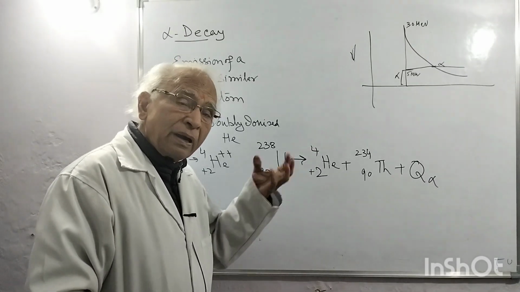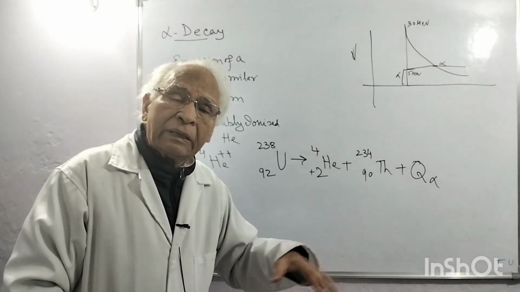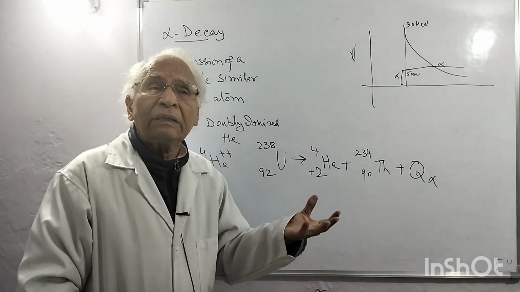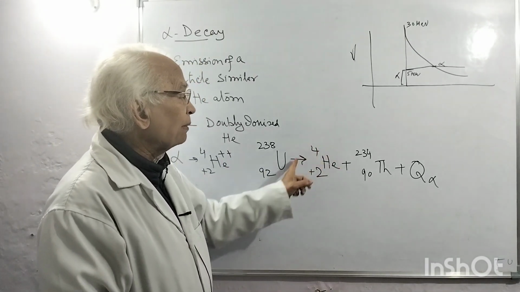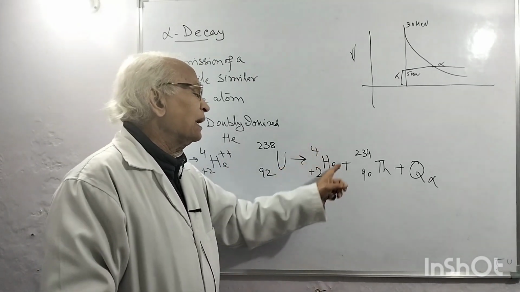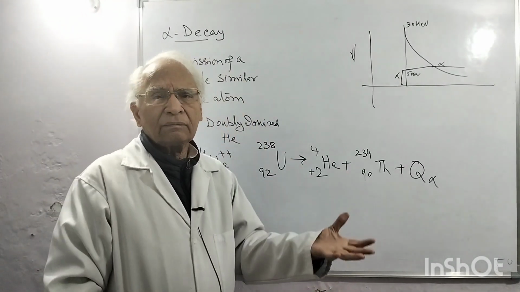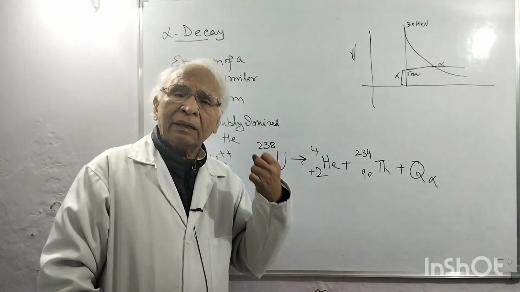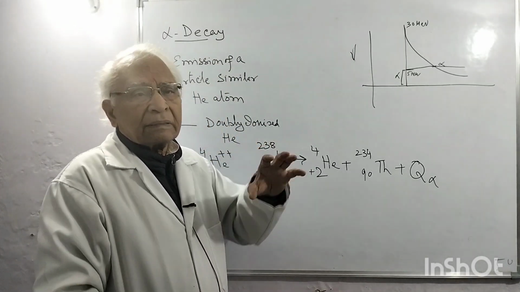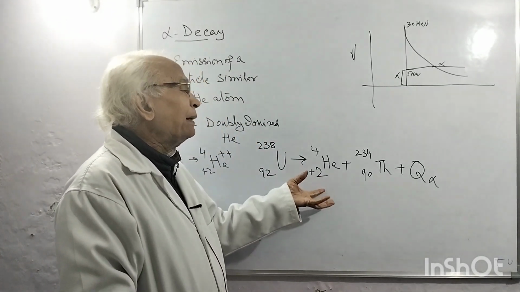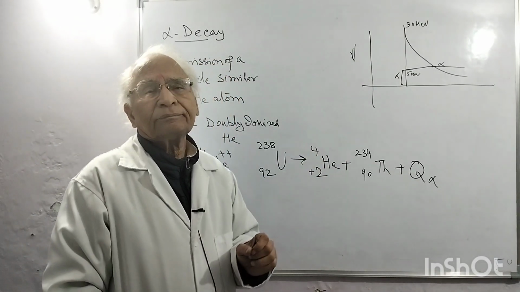So the energy required is less, while the energy evolved is more. And the energy evolved is natural energy from mass loss, from mass defect. So here you can say the alpha particle binding energy is negative. Negative binding energy means the energy when the alpha particle is formed is more than the energy required to make it free.